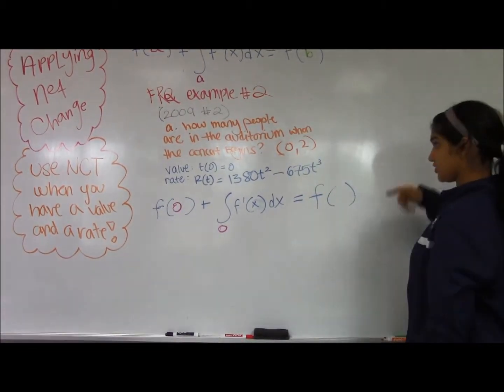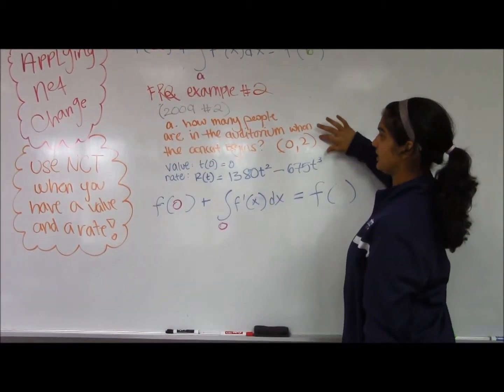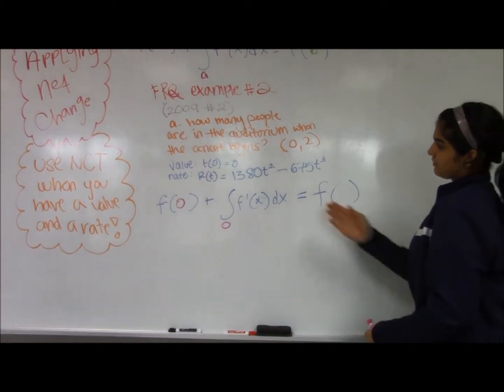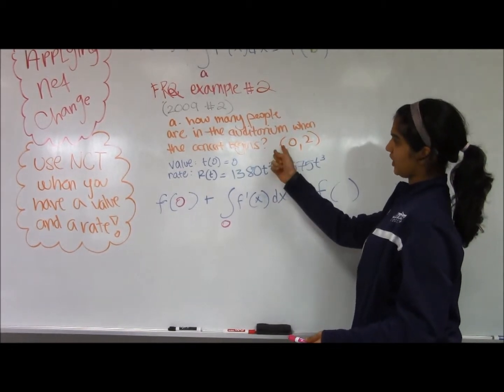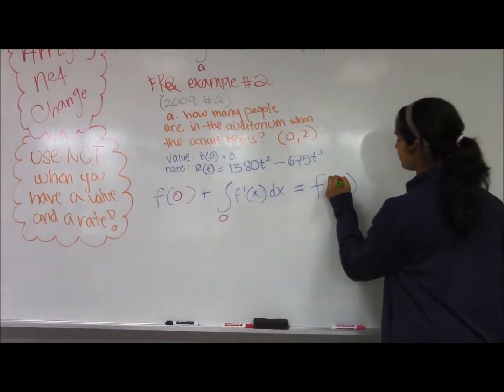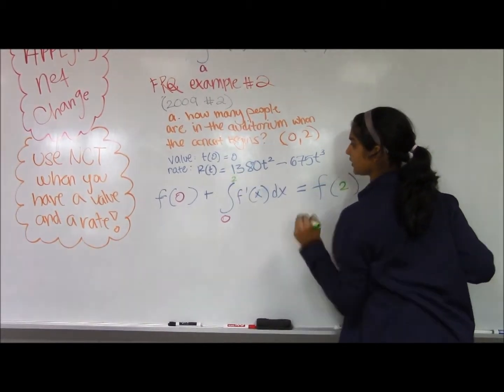And you know that the concert begins at time t equals 2, and that is your final value because it's asking you how many people are in the auditorium when the concert begins. So b equals 2, as shown here.